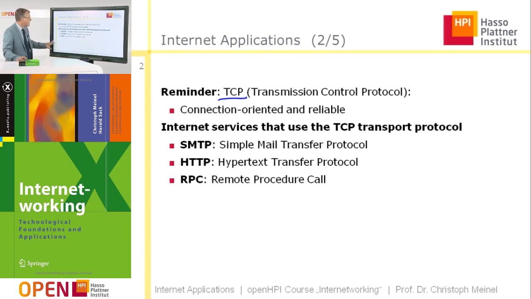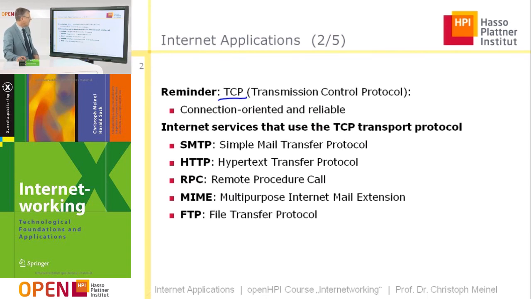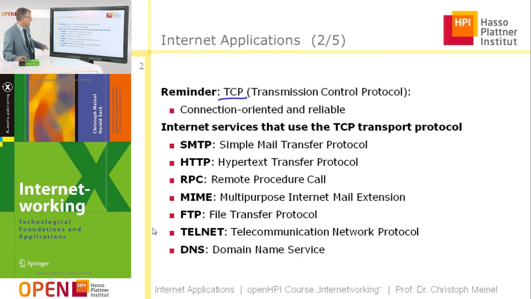The hypertext transfer protocol, they make use of the TCP protocol. The RPC, the remote procedure call protocol, is using the TCP protocol. The MIME extension, the multipurpose internet mail extension, the file transfer protocol, the Telnet protocol, the domain name service, they all make use of it.